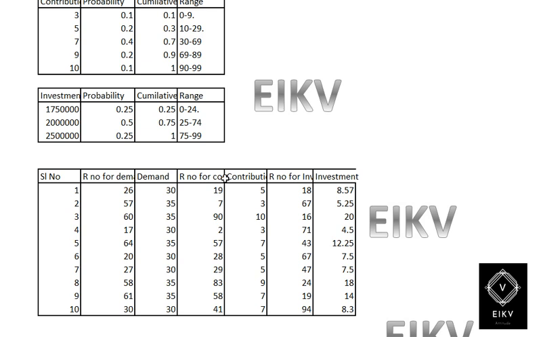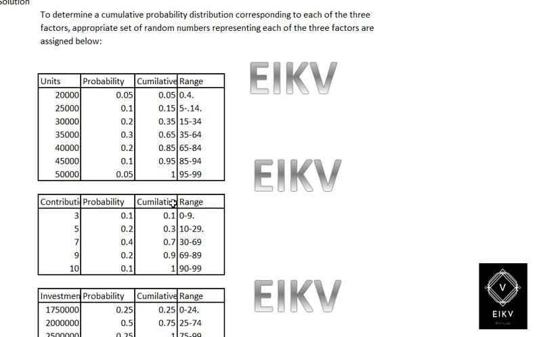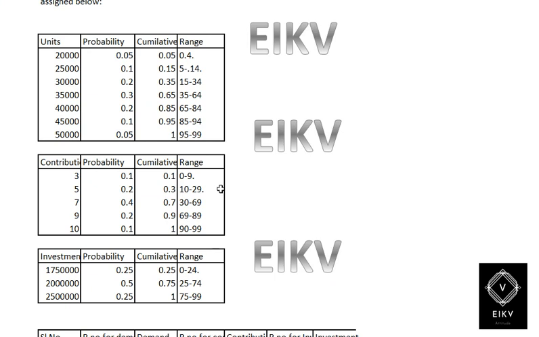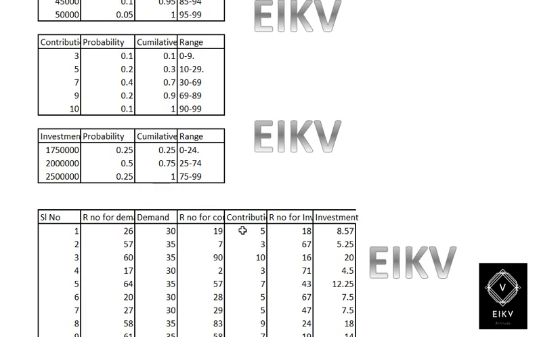After that we have the contribution per unit. The random number for contribution is 19, which falls in the range 10 to 29, therefore the contribution per unit will be 5. After that we have the investment random number, which is 18. It falls between 0 and 24, therefore the investment value will be 17,50,000.